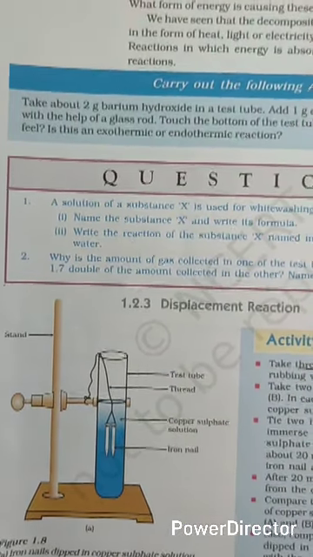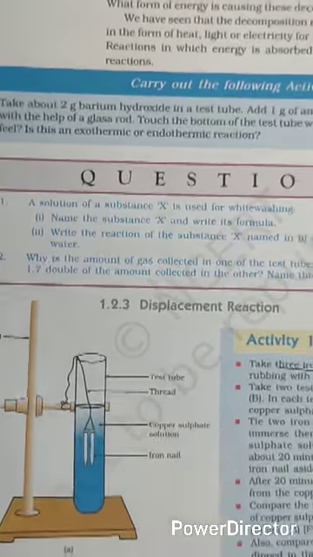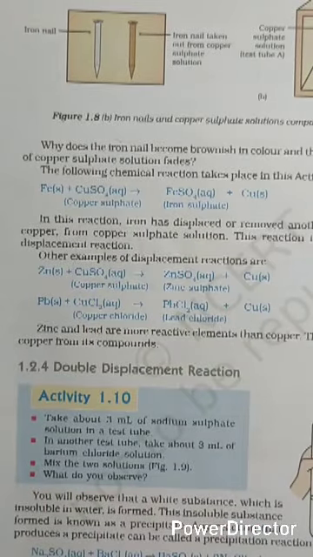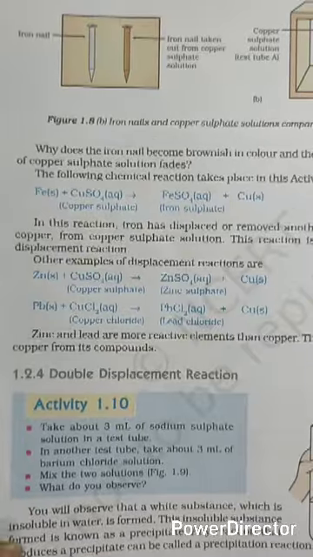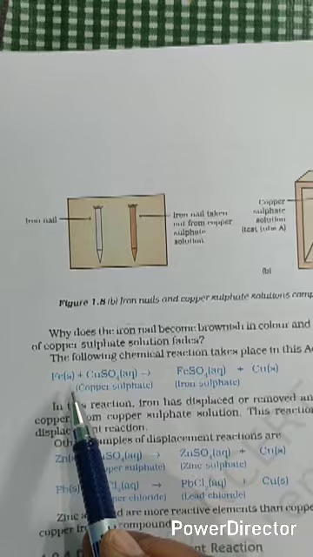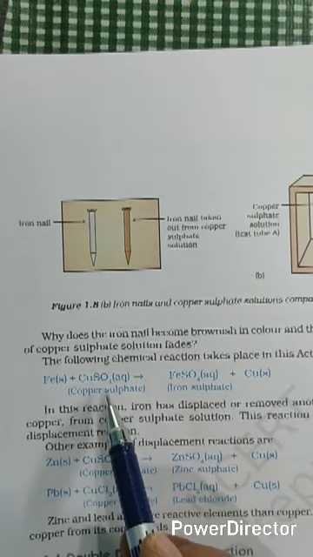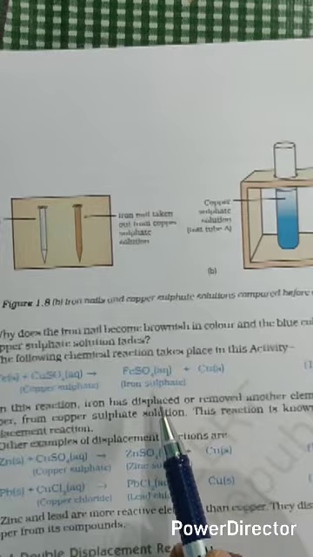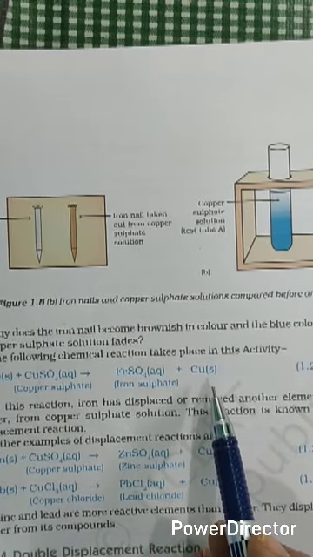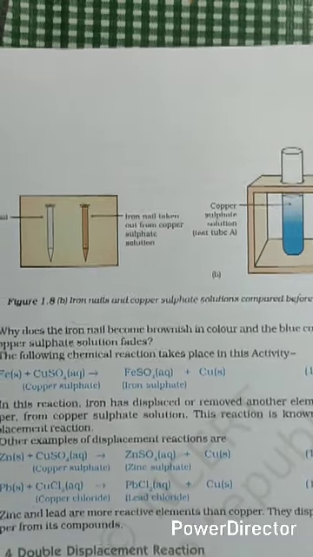What will happen? Definitely a reaction happens. So what is the reaction involved? The reaction is given here. Whenever iron nails, that means iron, react with copper sulfate, ferrous sulfate forms and copper is reduced.